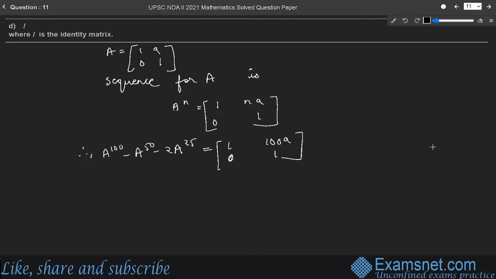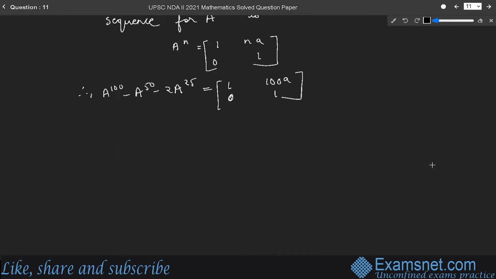according to the concept. On further solving, this is the value of the first term, which is a to the power 100. Similarly, we have to get the value of a to the power 50, which will be [1, 50a; 0, 1] by using this concept. Similarly, minus 2 into [1, 25a; 0, 1].